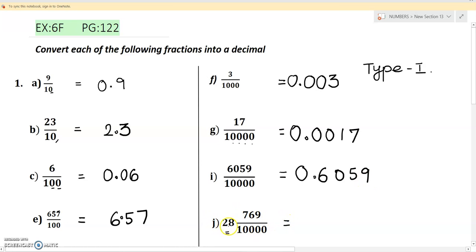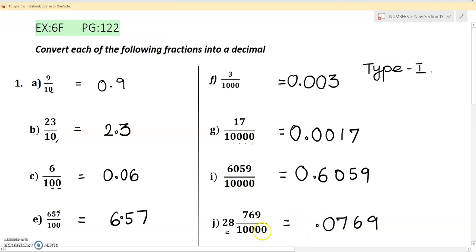Look at the next fraction. It is a mixed fraction, 28 and 769 by 10,000. So here the whole part is given. You just keep the whole part. First we will convert the fraction into a decimal. As I told you, write down the numerator first and count the number of zeros. 1, 2, 3, 4. But here we have only 3 digits. Add 1 zero and place a dot.